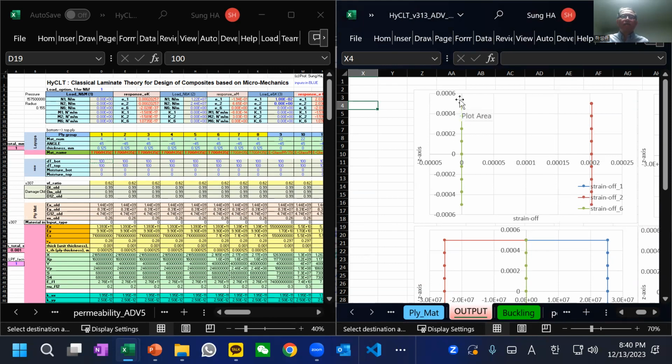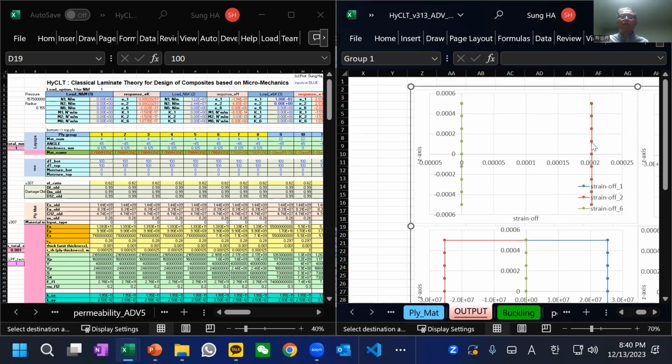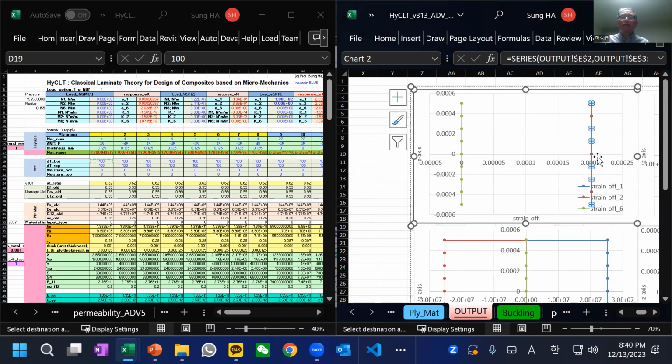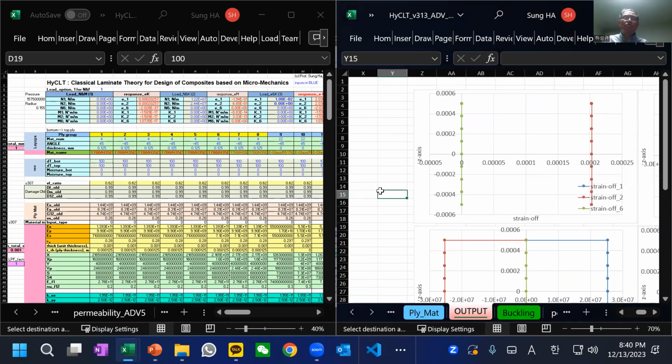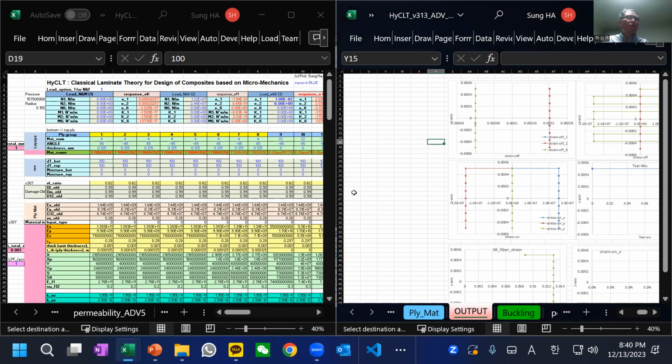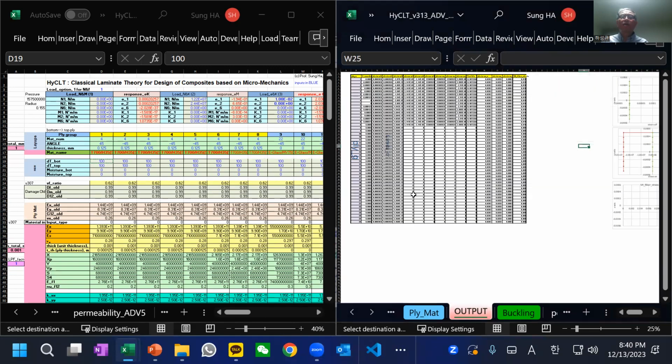Since this is plus minus 45, there will be no shear strain, but it is going to extend in the 1 axis and the 2 axis. Actually, I guess these strains are identical. If we delete one, you can see that. The 1 direction and 2 direction strains are identical, simply because this is 45, and the strain will be the same in the X direction and Y direction.